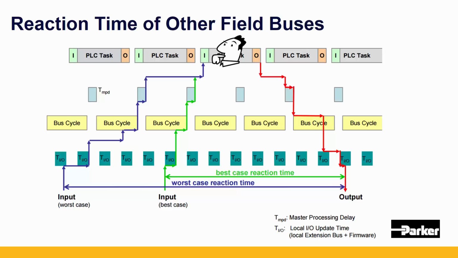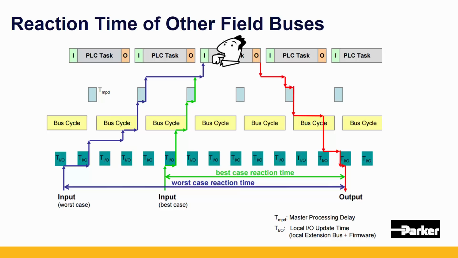If that input occurs in the middle of a bus cycle, that input is just going to have to wait around until the next bus cycle in order to get registered. Once that information is on the bus, the processor of the controller is going to take some time to process it, and that's shown here as the master processing delay, or TMPD.